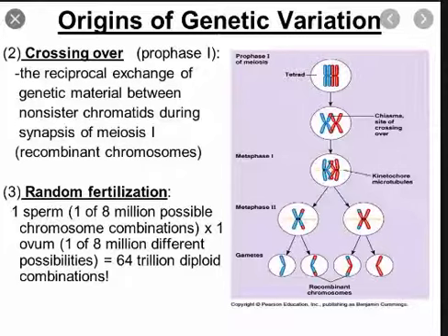When homologous chromosomes are in this position, some of the chromatids are very close to each other. Part of one chromatid from each chromosome breaks off and reattaches to another chromosome, as you can see here. This is a crossing over.